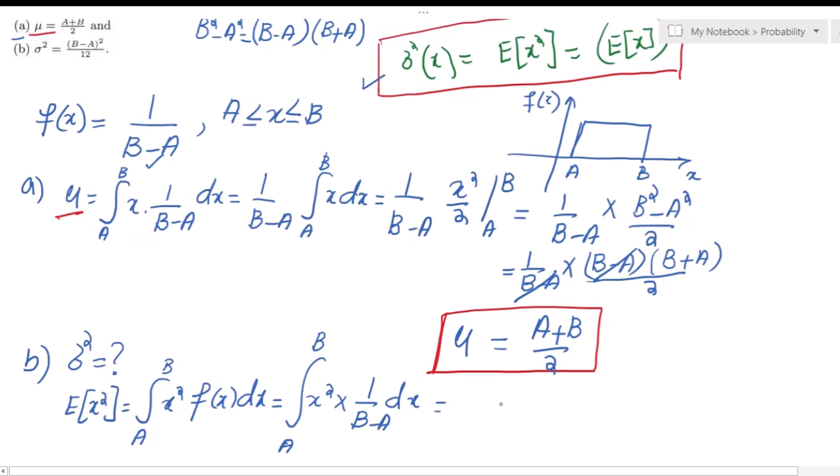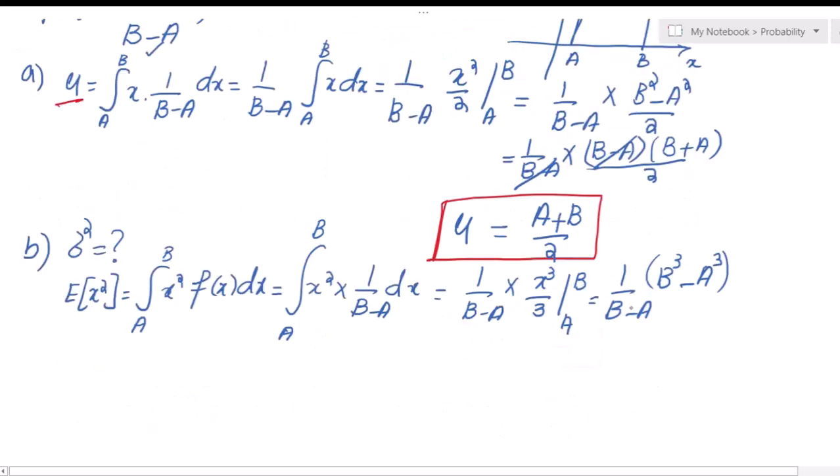It will be 1 over (b minus a) multiplied by the integral of this, which will be x cube divided by 3 from a to b. Or it would be 1 over (b minus a) times (b cube minus a cube) over 3. Okay, so this is what we now have, and these are multiplied together.